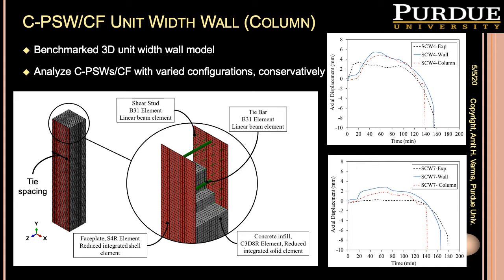The simulated unit width walls have a lower axial capacity, as was discussed in the previous slide. However, the general behavior is in good agreement with the experimental behavior. So the unit width wall method can be used to conservatively analyze and design composite plate shear walls with different configurations and dimensions.